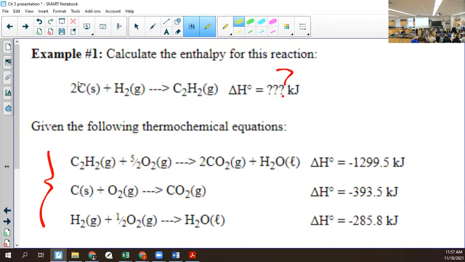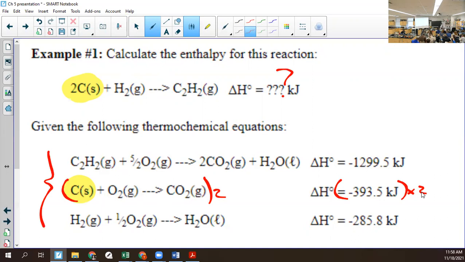So you look and you have solid carbon on the left. You look down here. Do you have solid carbon on the left? Yes, but what's wrong? It is not the right coefficient. So I have to multiply all of this by 2 to make that work. Thumbs up if that makes sense to you.